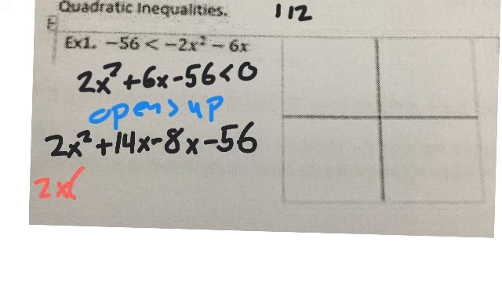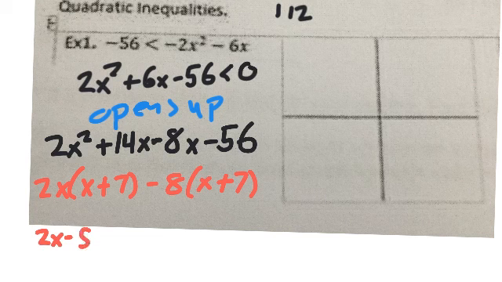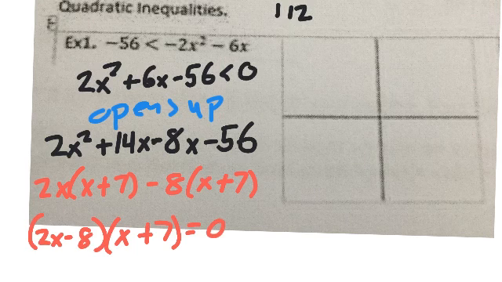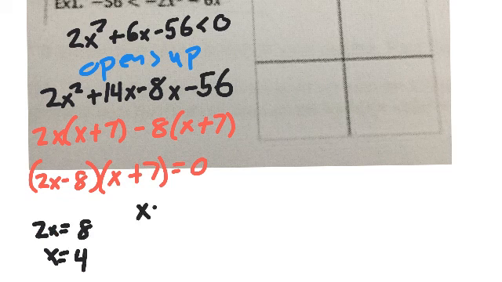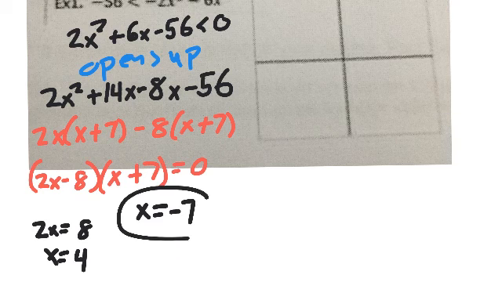So that's 2x times x plus 7. This would be negative 8, x plus 7. So that factors to be 2x minus 8 times x plus 7 equals 0. So that would be at 2x equals 8, x equals 4, and x equals negative 7.